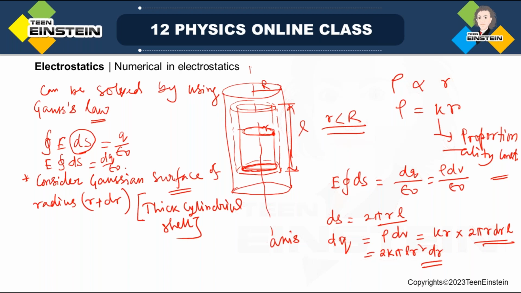Here you have to take a thick cylindrical shell, and the area of the thick cylindrical shell has to be written as 2 pi r dr. If you multiply by L, you get the volume. So this was the tricky part, you need to remember this. We'll go to the next problem.